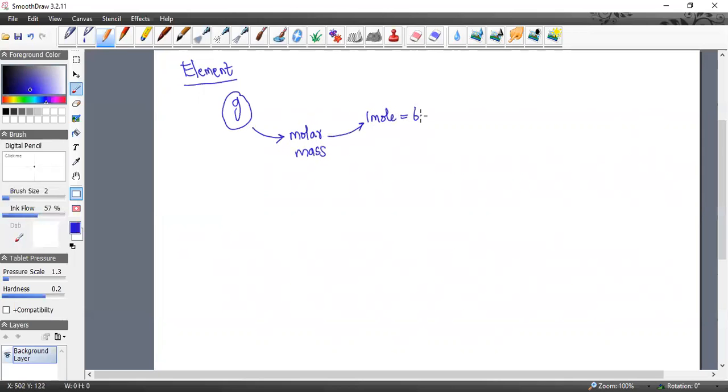So 1 mole is 6.022 e to the 23 atoms, and then that will finish you off at the final destination of atoms. So this is the starting point, this is the ending point. These are your conversion tools. These are merely conversion tools.